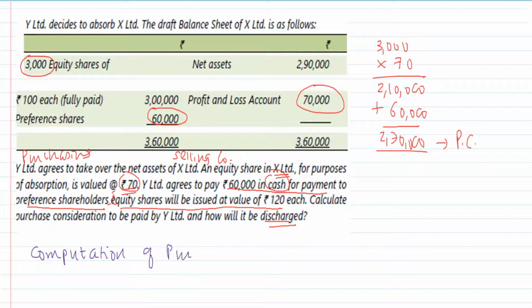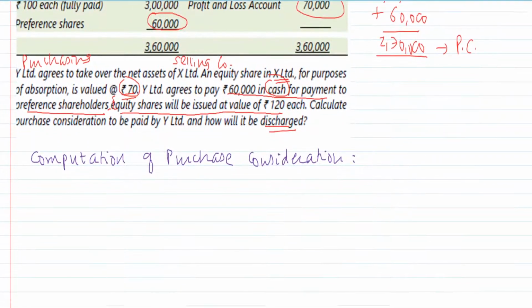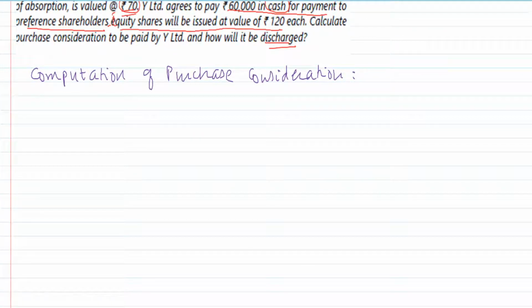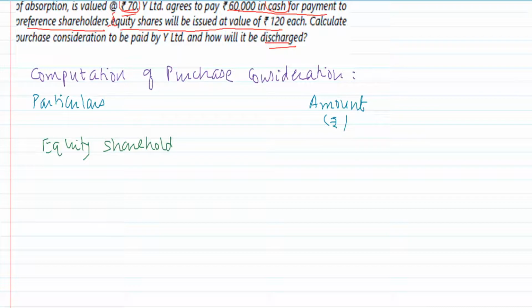Computation of purchase consideration. We will first show what we are paying to the equity shareholders. 3,000 shares are there, which we will value at 70.